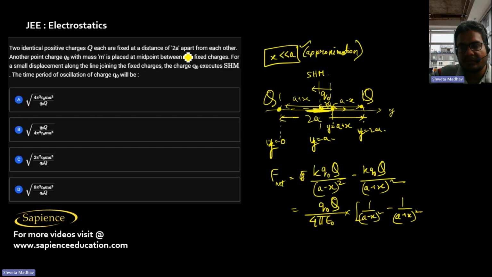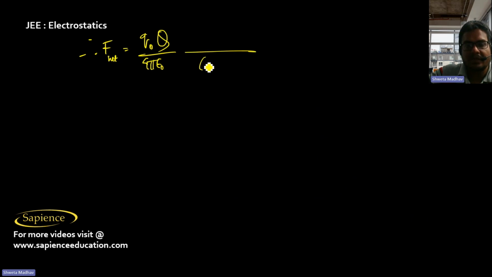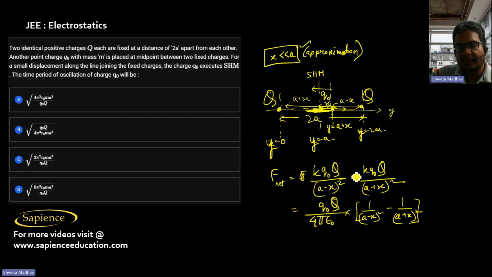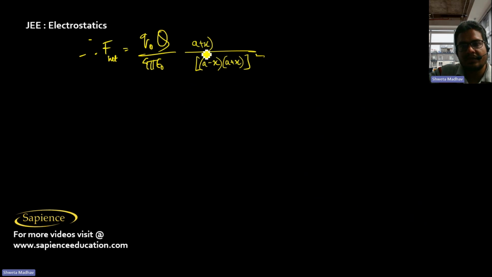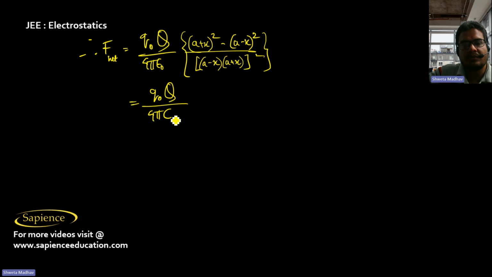So the net force is q naught q by 4 pi epsilon naught into [(a plus x) whole square minus (a minus x) whole square] divided by [(a minus x)(a plus x)] whole square.